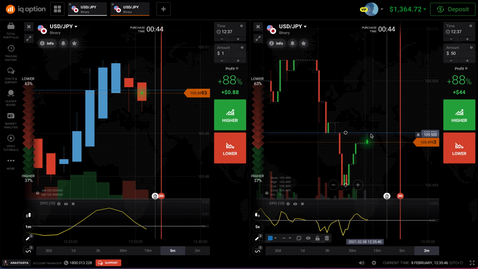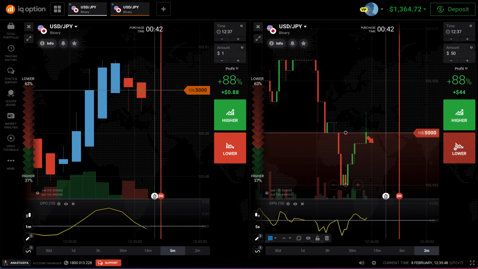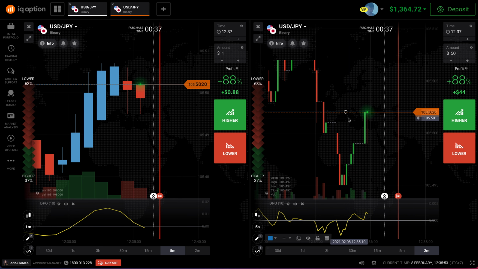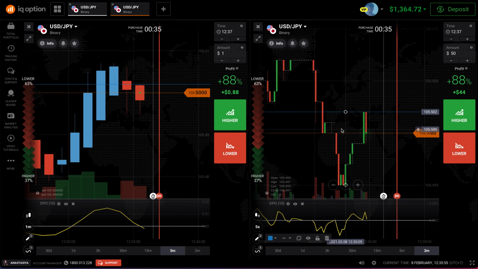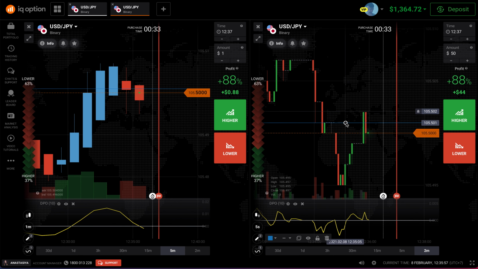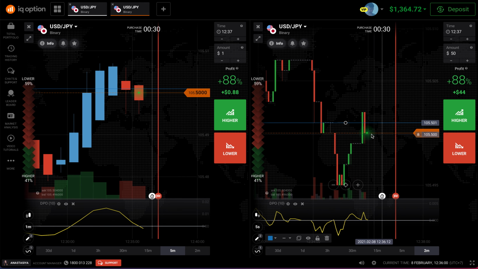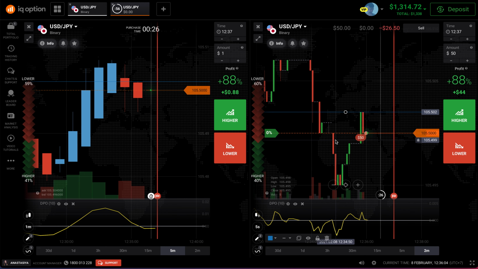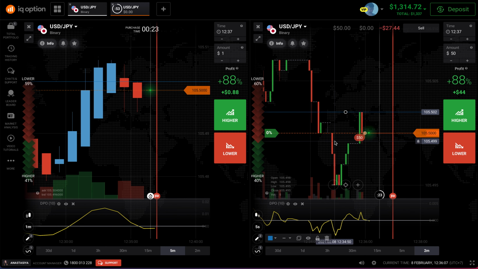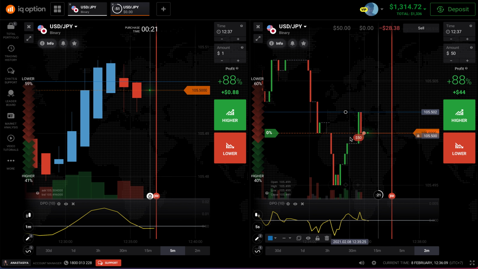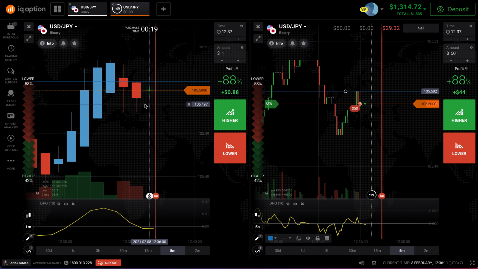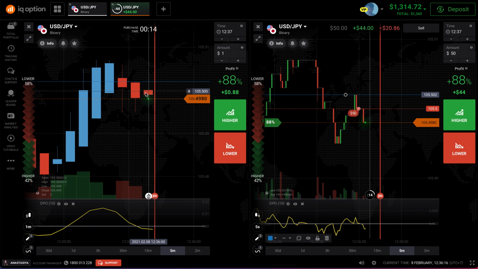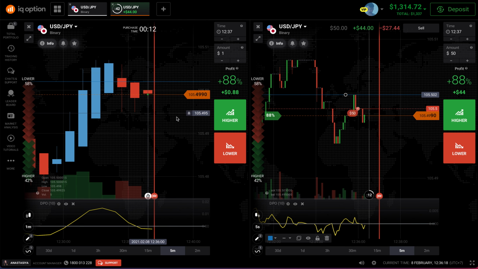This is where you can enter your trade. Okay, and it's coming up there and then back there. Okay, let's start one here, because the price looks like it's not able to reverse this trend just yet.